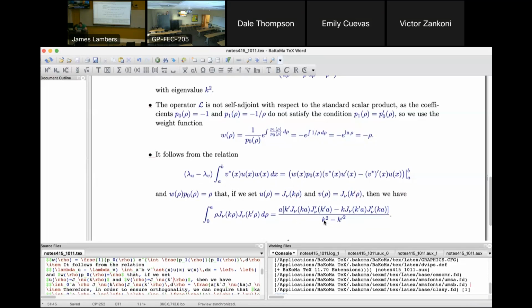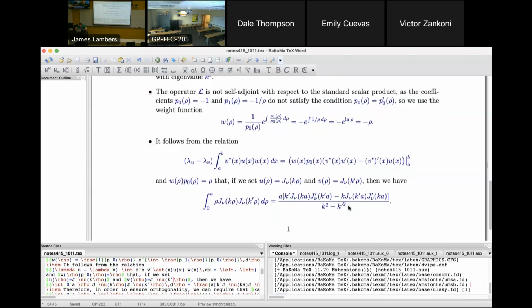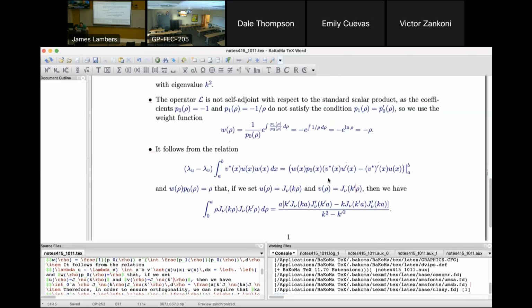So lambda u is k squared, lambda v is k prime squared. Still feel like my sign is off. Sorry, I need to make sure we get this right. I did look this over earlier today, and everything seemed fine then.